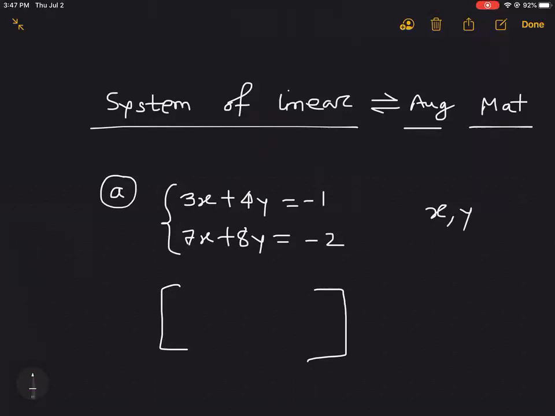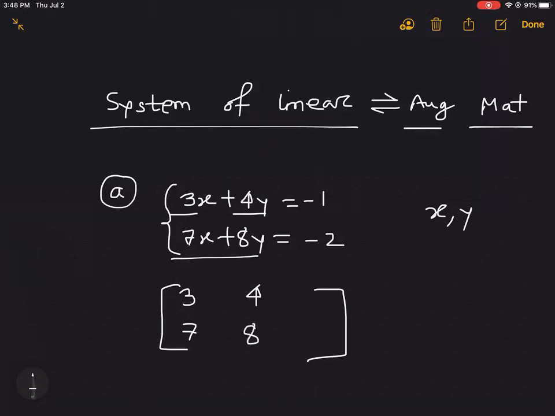So what we'll do, we'll actually take coefficients for each of the variables from each equation. So for x, the first one is 3, and for y, the second one, that's 4. Similarly, for x, in the second equation, it's 7, and for y, it's 8.